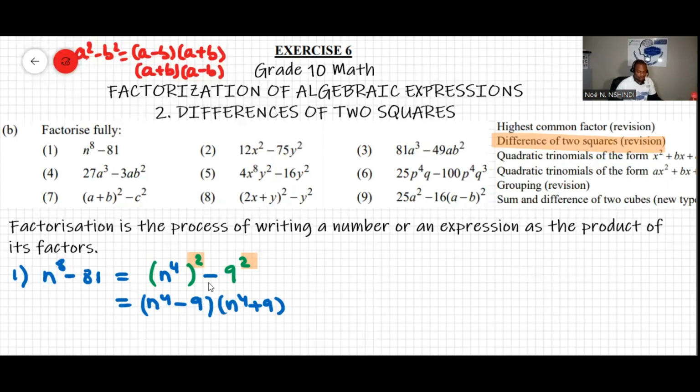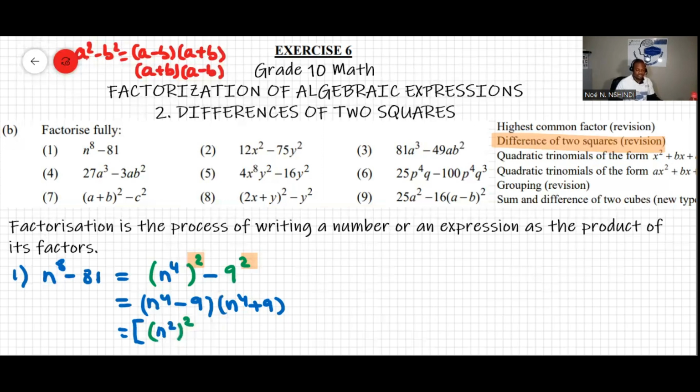n to the 4 can be written as n squared, to the power of 2. I prefer to write it this way. In this case, I will introduce the square bracket, and then n to the 4, I'll write it as n squared, and then that's n squared to the power of 2. That's equivalent to n to the power of 4.